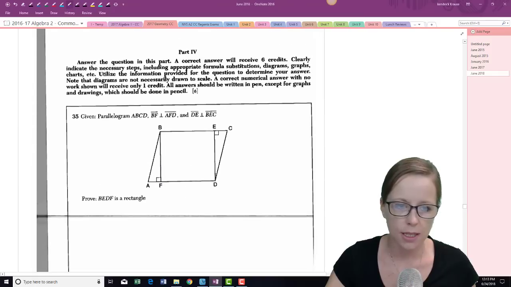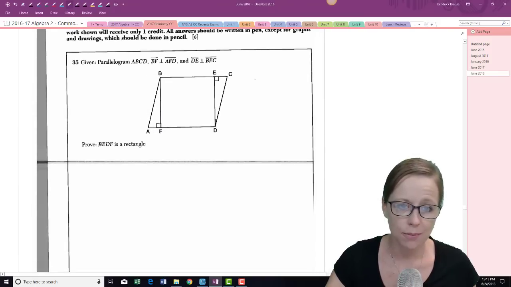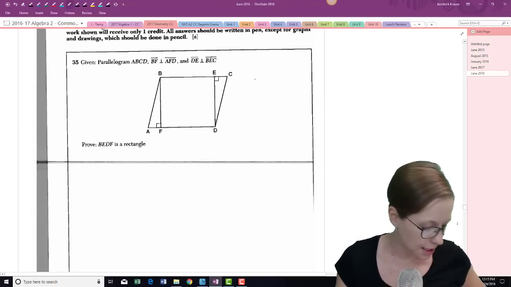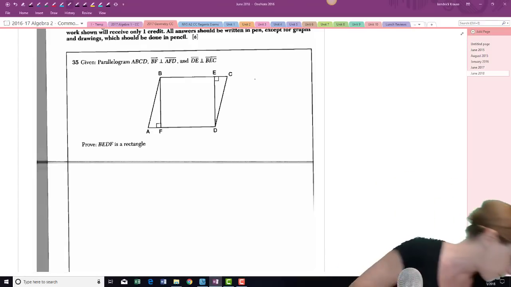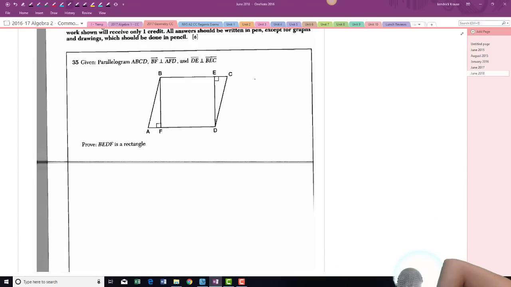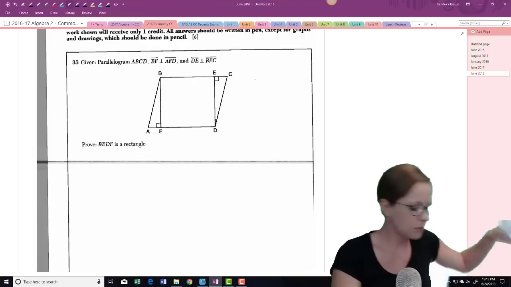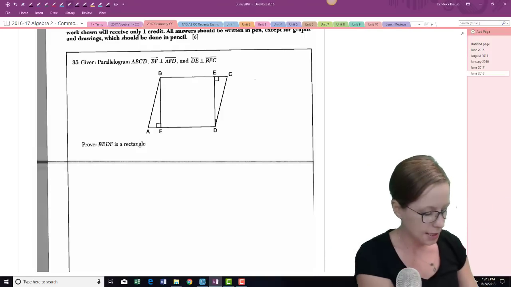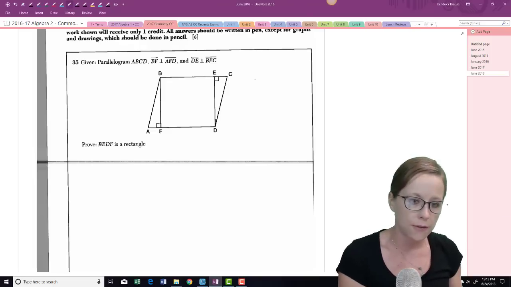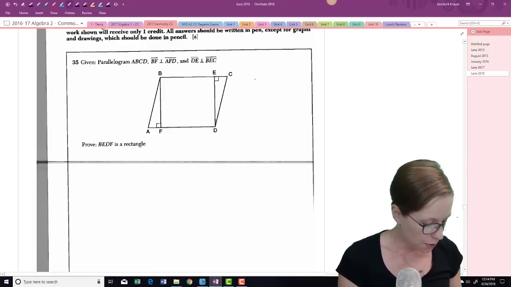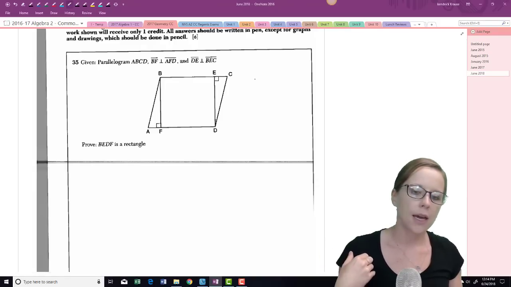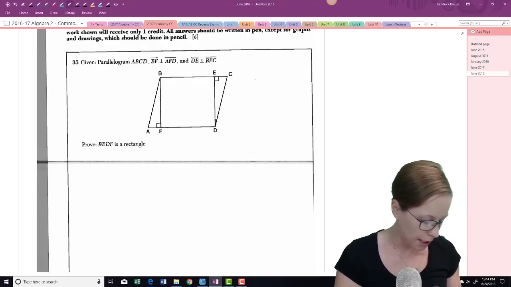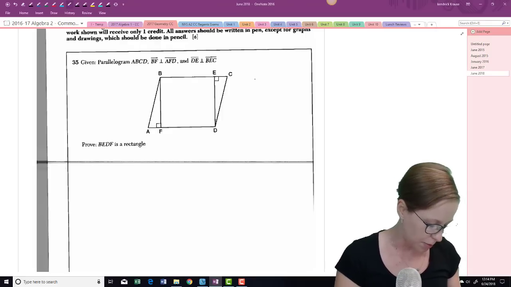All right, then we go on to this proof. It's actually pretty great proof. I'm going to kind of talk you through some of the ways you can do it. I'm going to do one of the ways. So lots of different ways you can do this. First way you could have done it is you can prove that those two side triangles are congruent. And then you can use corresponding parts and properties of parallelograms.